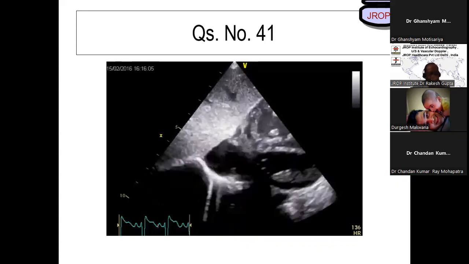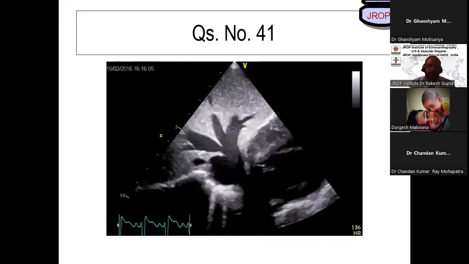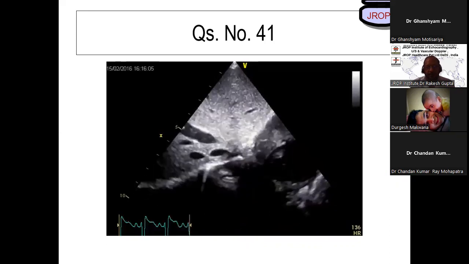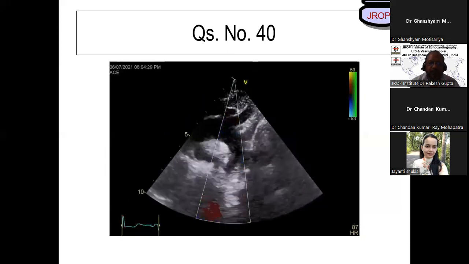No, this is not a suprasternal view. Sir, this is an epigastric view. Okay, this is an epigastric view. What do you see in this epigastric view? Sir, IVC.